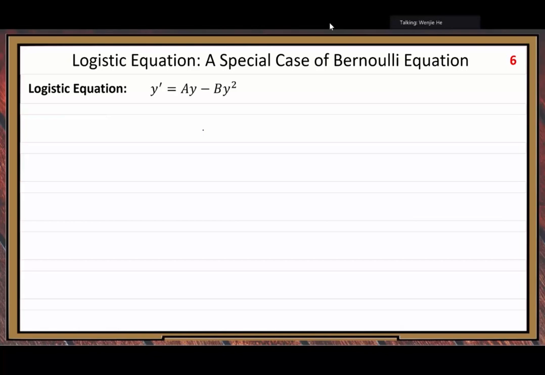Y prime equals constant capital A y minus capital B y squared. That's one special case of Bernoulli equation, the logistic equation. There is some physical background. These two constants are not equal to 0. Otherwise, we have the simpler ODE we saw before.